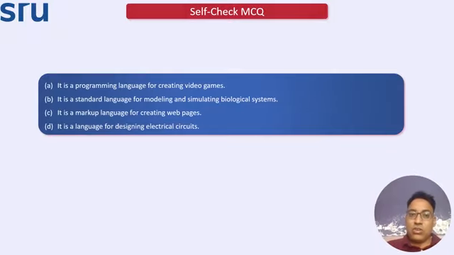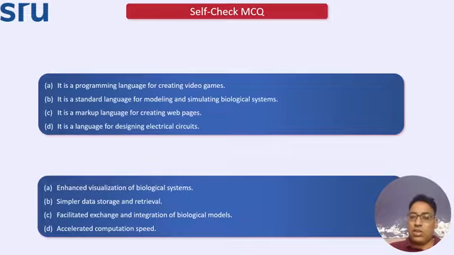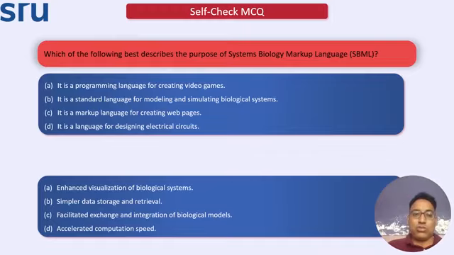Now let us answer these MCQ questions. If you have properly understood the complete session so far, you should be able to answer these small questions. Which of the following best describes the purpose of Systems Biology Markup Language? Is it a programming language for creating video games? Of course not, so the first answer is wrong.